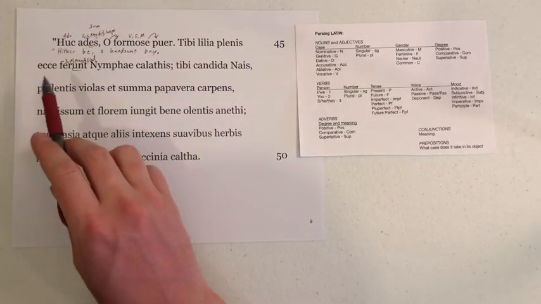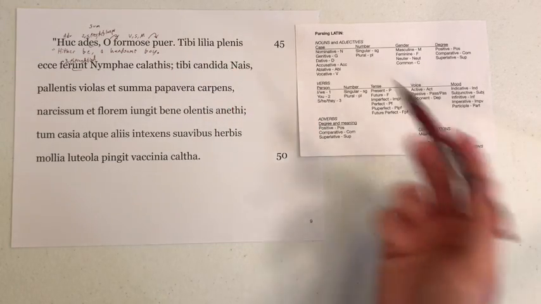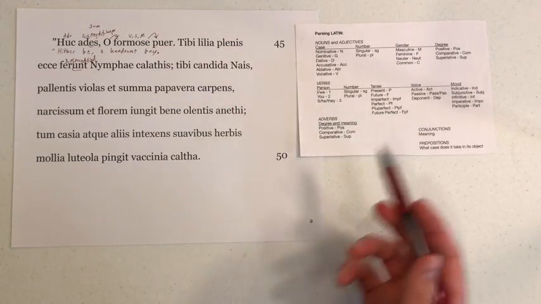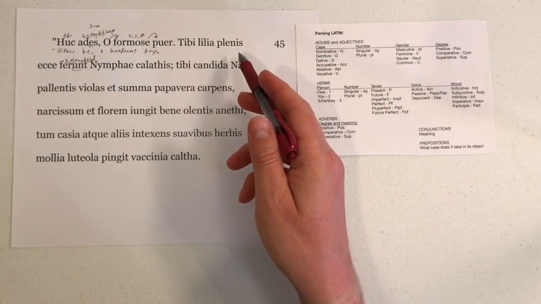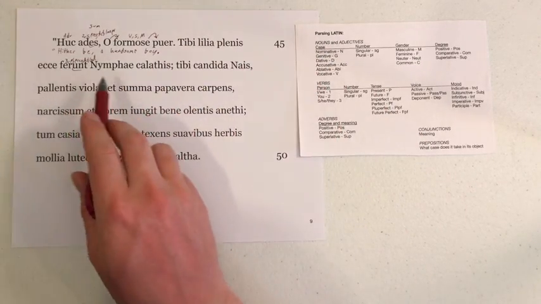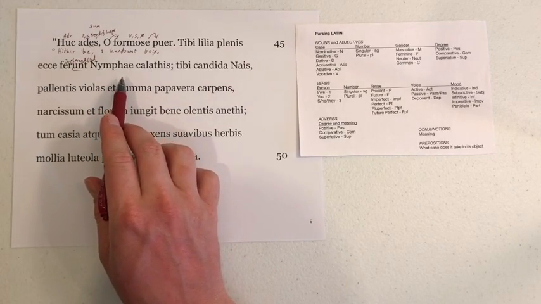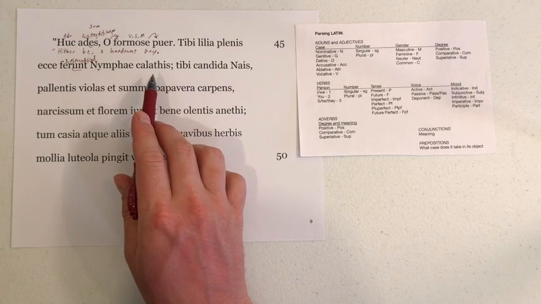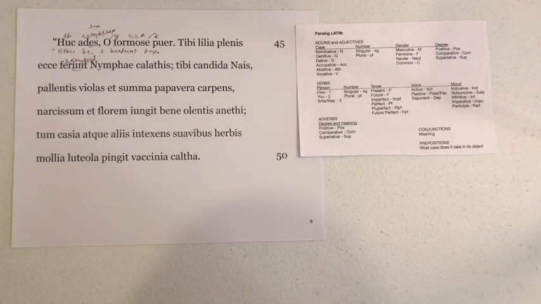And then to find the subject of that, lilia could be that. It's the word that means lilies, as it looks, and it's neuter. So with that A, could be nominative plural. Plenis doesn't look like the correct form. But here we have nymphae, with AE. Can't really be owning calathis as a genitive.